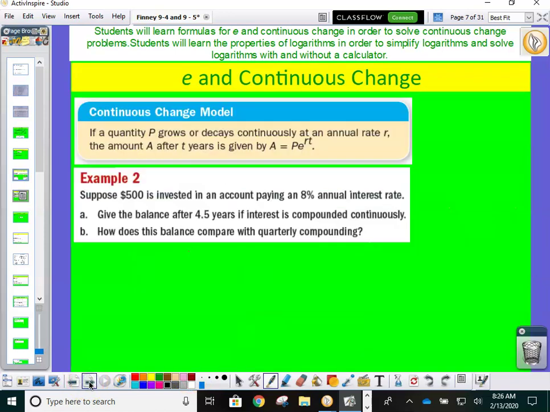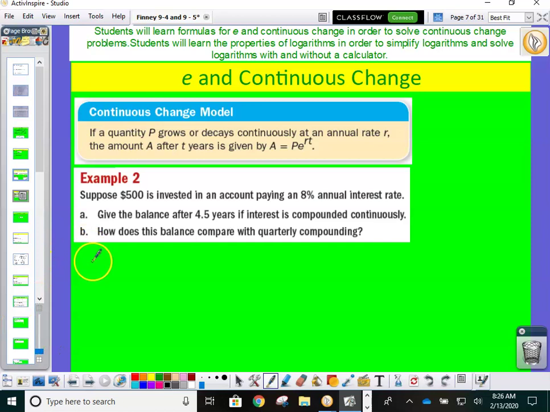So our continuous change model can be used a couple of different ways. So we've got a quantity or a principal that grows or decays. Now if it decays, what does that mean? Right, it's not growing. It's decaying at an annual rate, and the amount in the account after T years is given by that formula. So we're going to use the same formula, but now we're going to have a time of 4.5.